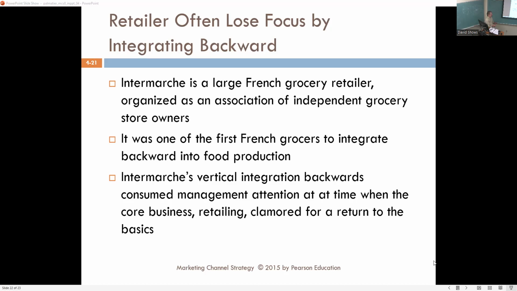They got into it with the best of intentions. They did not have the skill set to exploit that successfully. The vertical integration consumed an enormous amount of time. It ate away at their core business. Basically, what happened is there was a large call: let's go back to doing what we're doing.